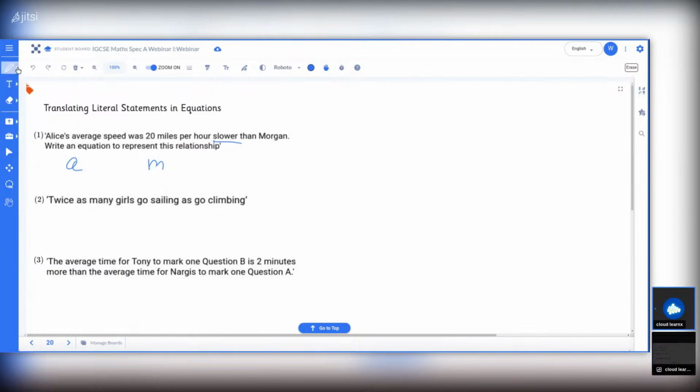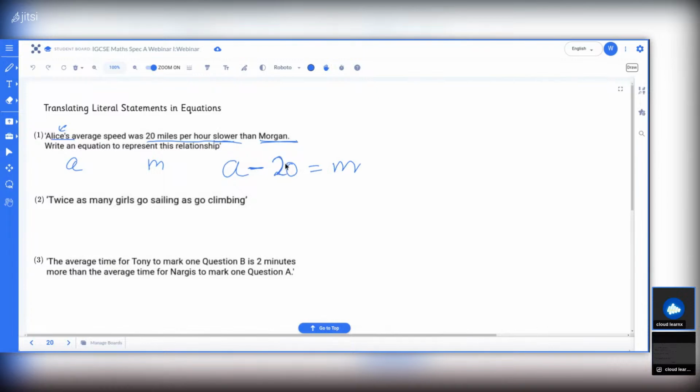So, okay, so you start with Alice, 20 miles per hour slower than Morgan. Okay, so Alice has to be slower than Morgan. That's where you start. Alice has to be slower than Morgan. 20 miles slower.